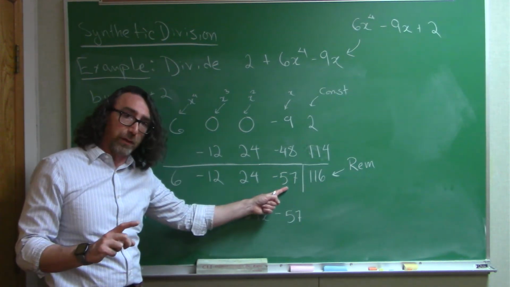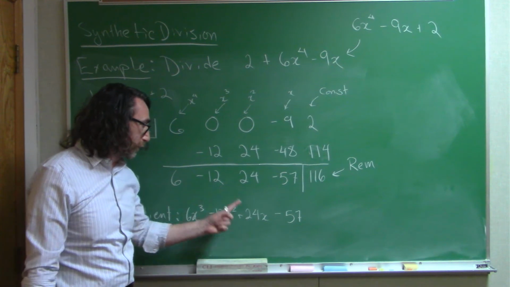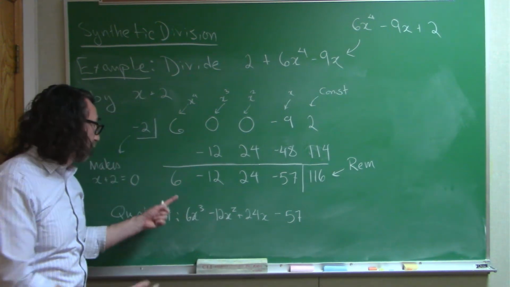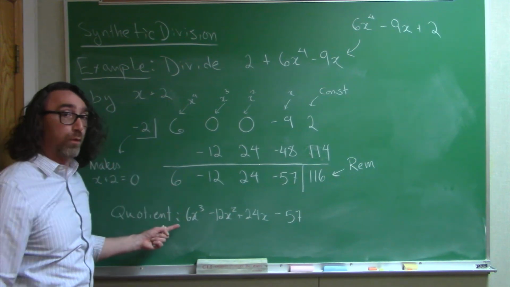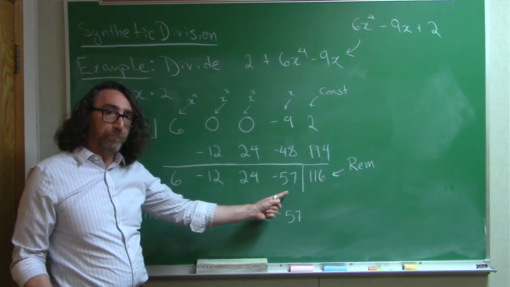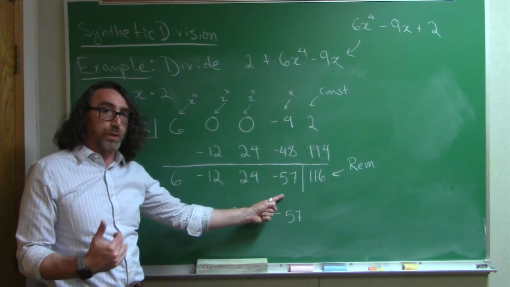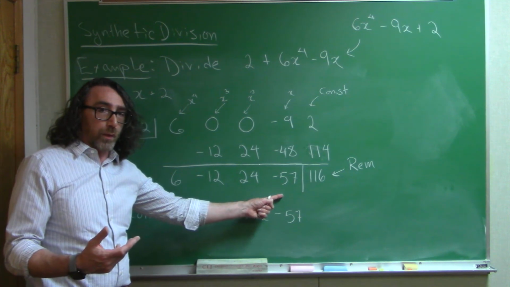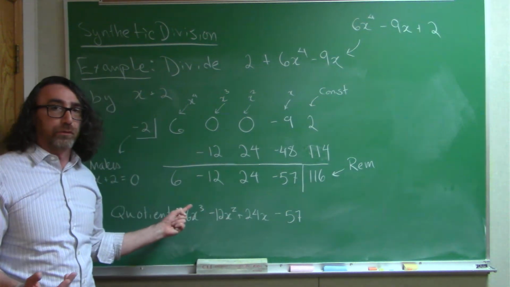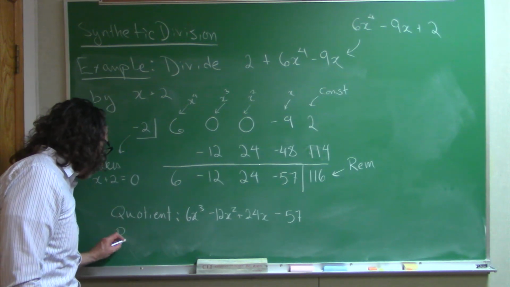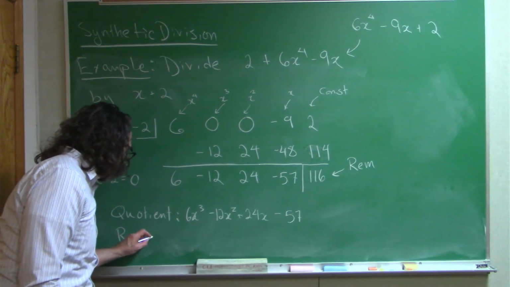Then your constant. Then your coefficient of x. Your coefficient of x squared. Your coefficient of x cubed. If there was something over here, it would be for x to the 4th. Just like with these numbers on top, these coefficients of the quotient are in order according to the powers of x. So there's the quotient, and there's the remainder.